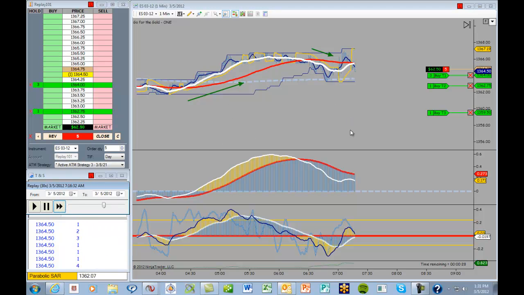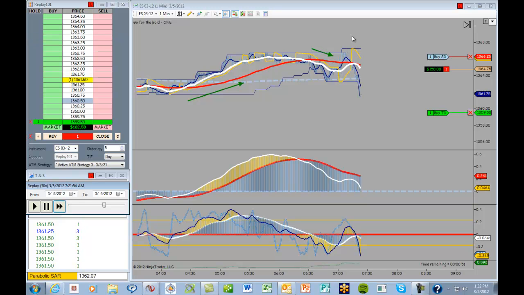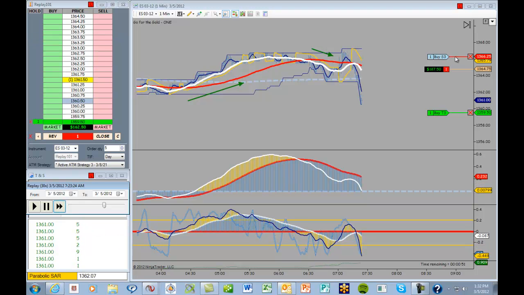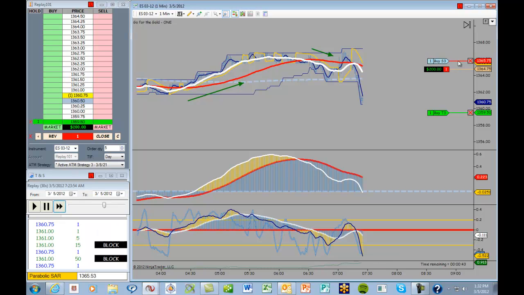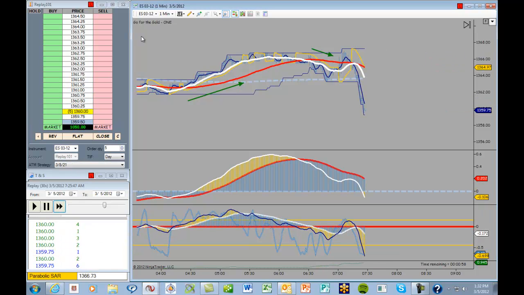Even though wave fives tend to be weaker, I would have expected to see the blue above the red as an acknowledgement of wave 5. It actually made a higher high, which confirms that it is wave 5. Now the question is, what do we got going on here? Oop, hit all the targets though. That's always good. Let's pause it.